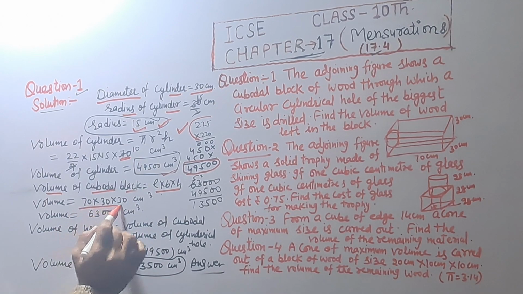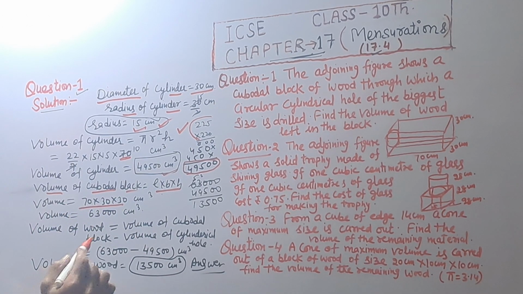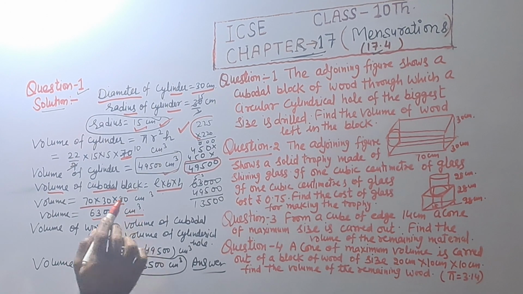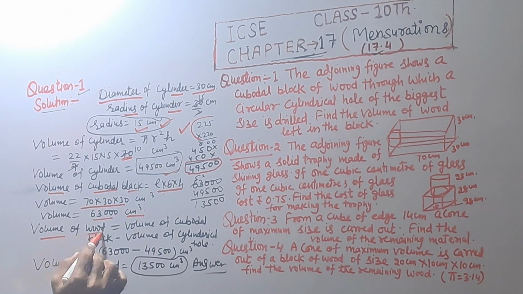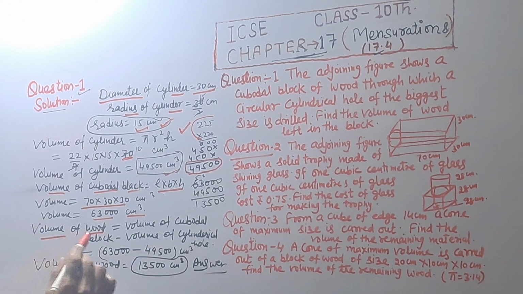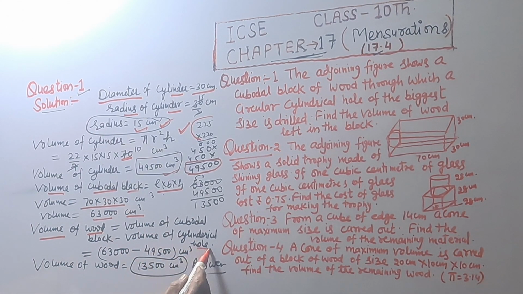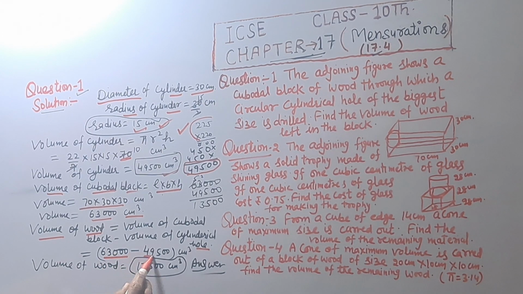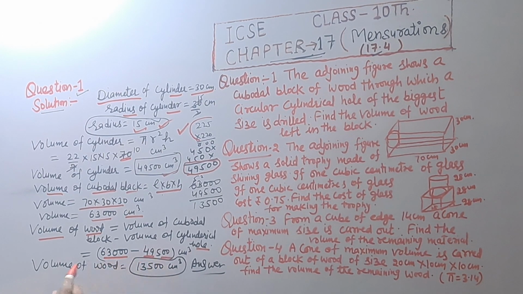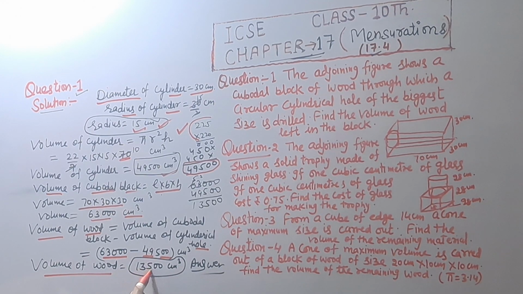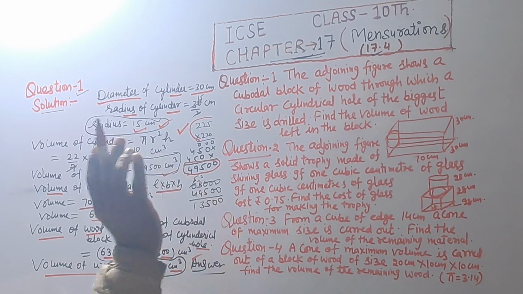So volume equal to LBH, that is 63,000 centimeter cube. Volume of wood is equal to volume of cuboidal block minus volume of cylindrical hole, that is 63,000 minus 49,500. So volume of wood is equal to 13,500 centimeter cube. Answer.